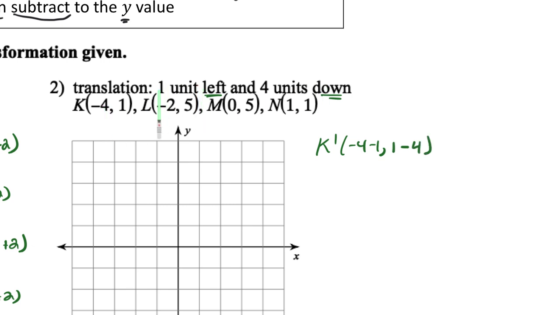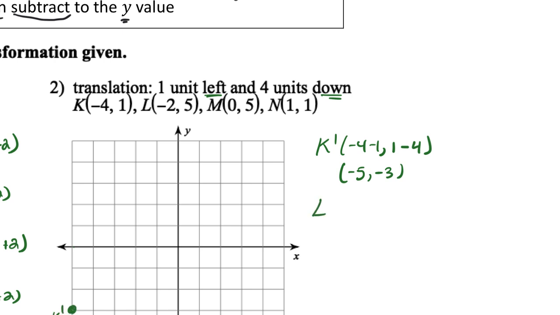So I got the point -5, -3. Let's mark that point. From the origin, moving 1, 2, 3, 4, 5 left. And then from there, I'm moving 3 down: 1, 2, and 3. So I got the point right here. This is the point K prime.